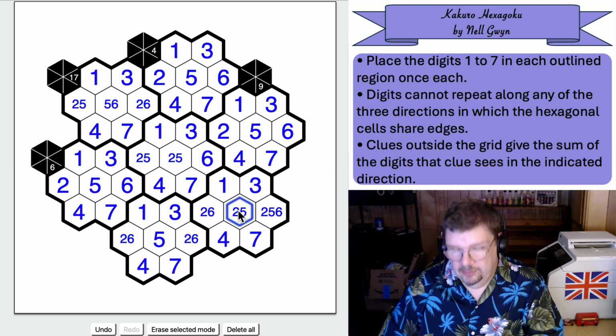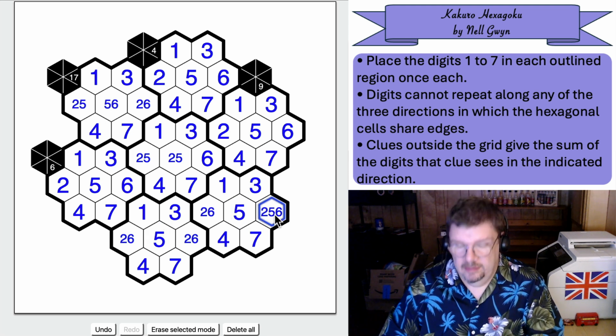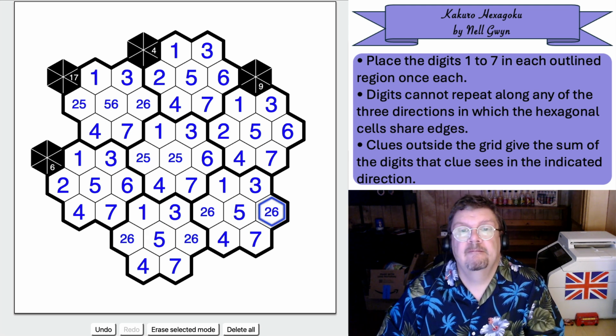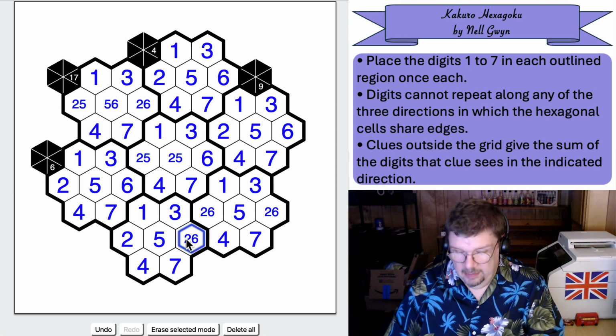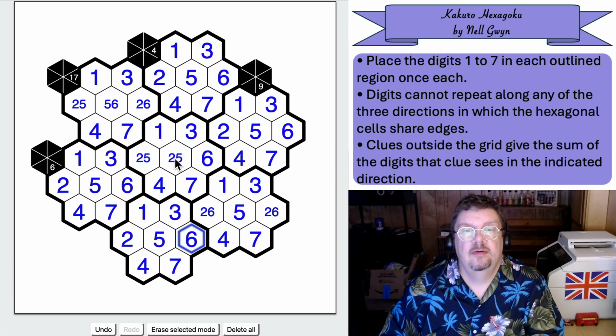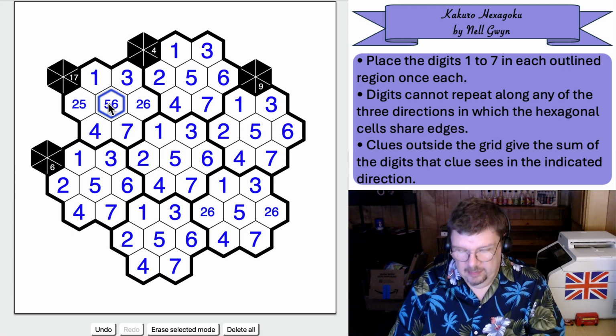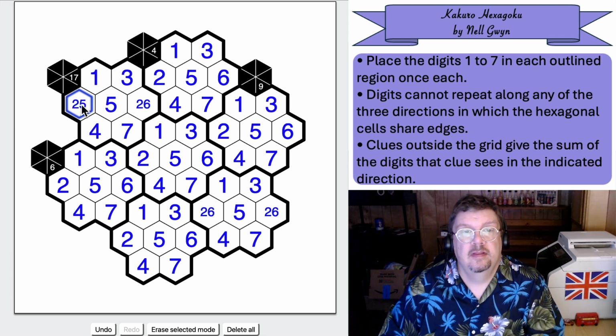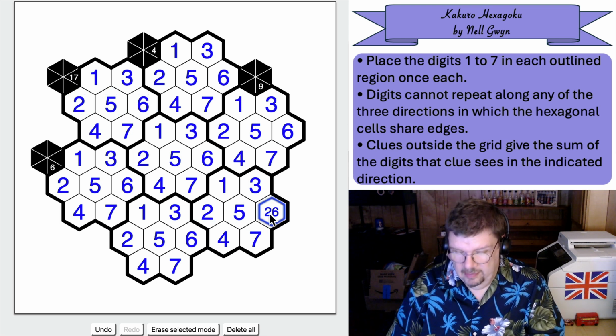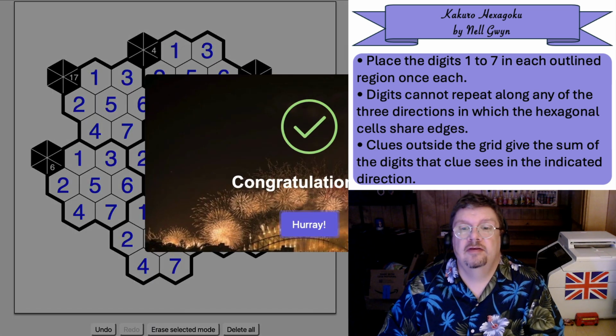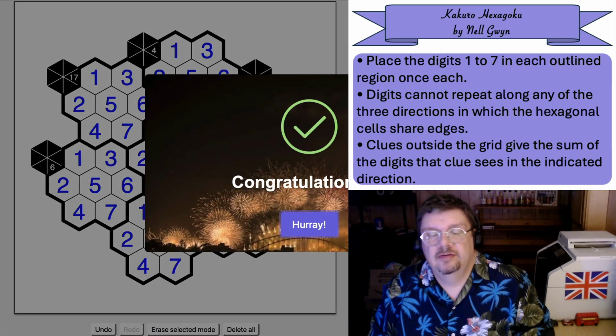That 2 means that that's 5. This 6 is looking down to make that 2, and that's 6. That 2 looks up here to make that 5, and that 6 looks up here to make that 5. That is 2, that is 6, that is 2, and that is 6. Congratulations!